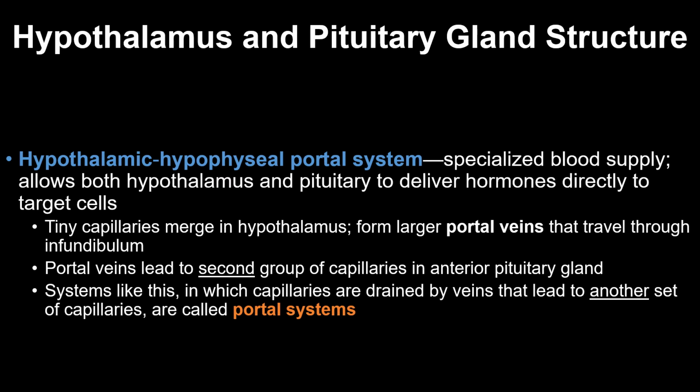And then systems like this, in which capillaries are drained by veins that lead to another set of capillaries, are collectively called portal systems. And so accordingly, this group of vessels is called the hypothalamic hypophyseal portal system.